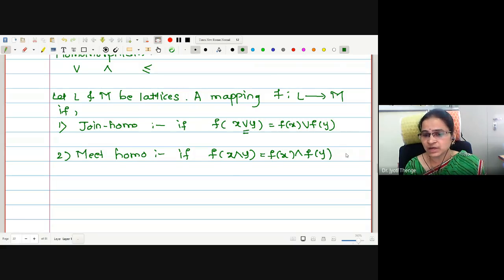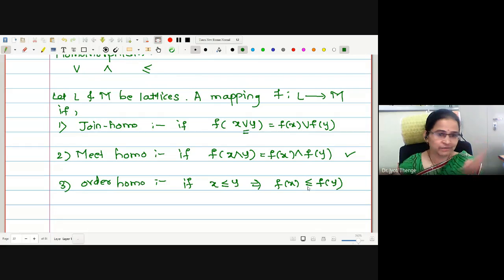Therefore, here the meet operation is preserved. That's why it is meet homomorphism. And third is order homomorphism, if order is preserved, that is, if x precedes y implies f of x precedes f of y. Therefore, three different types of homomorphisms are defined.